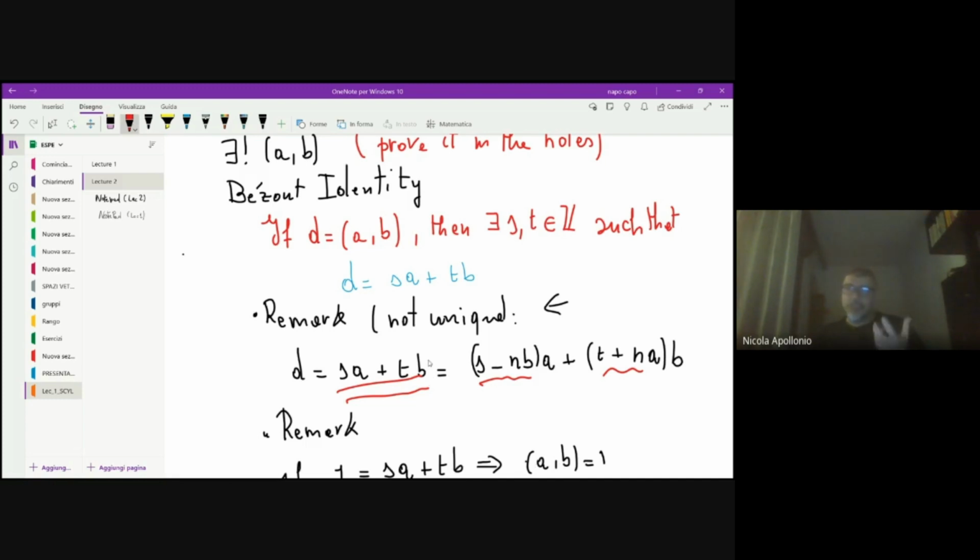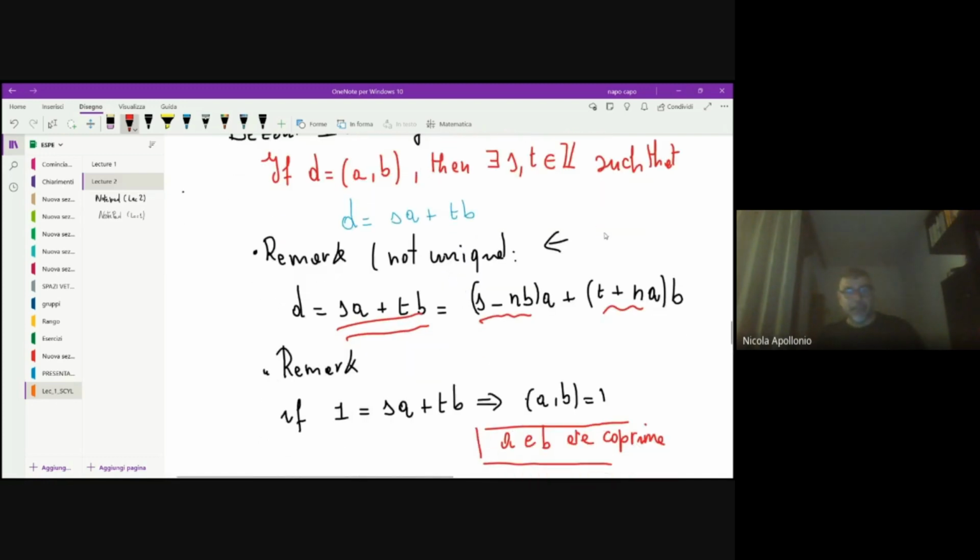It is called a not proper divisor. A proper divisor is a divisor which is different from one. When the only common divisor of A and B is the trivial one, we say that A and B are coprime.